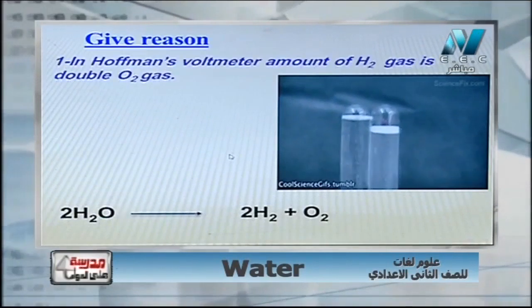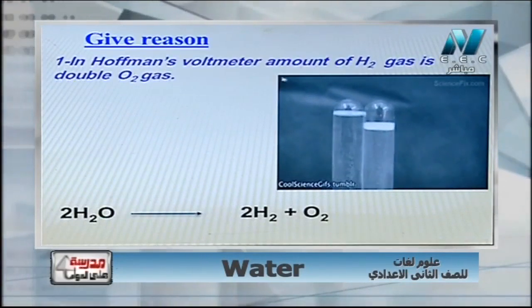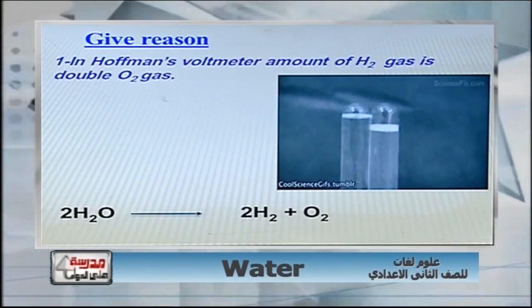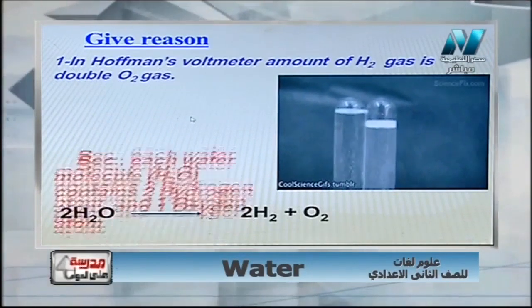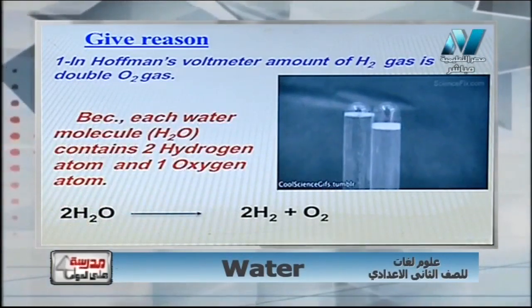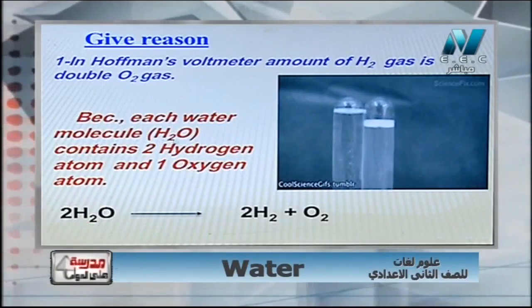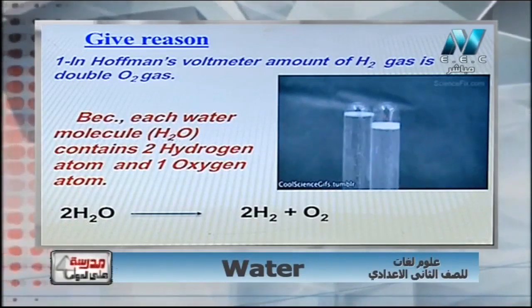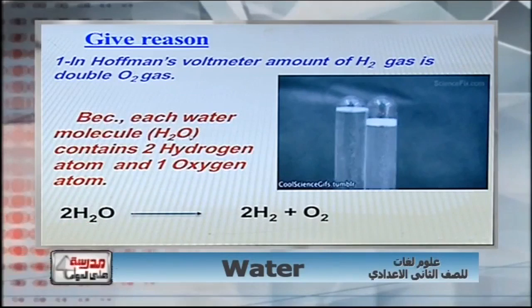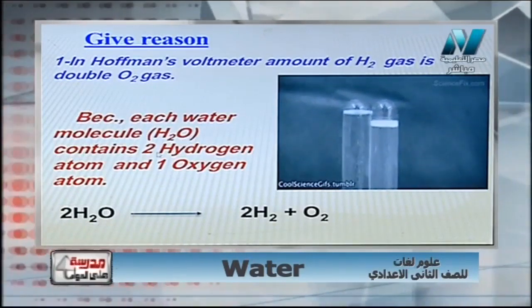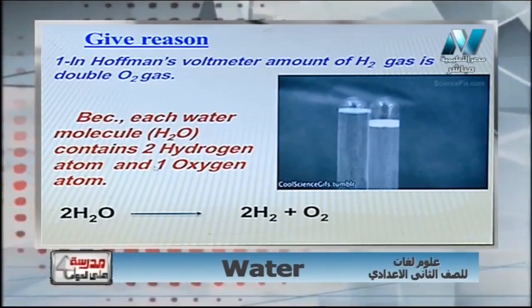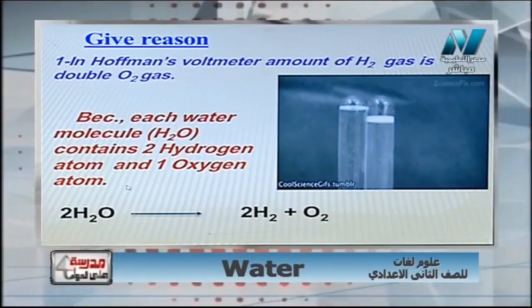Give reason: in the Hoffman voltameter, the amount of hydrogen gas is double the oxygen gas. Because each water molecule, H2O, contains 2 hydrogen atoms and 1 oxygen atom.